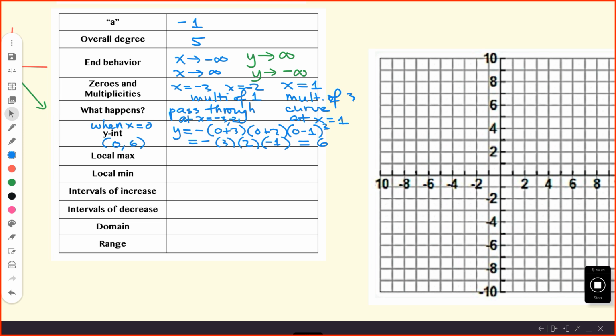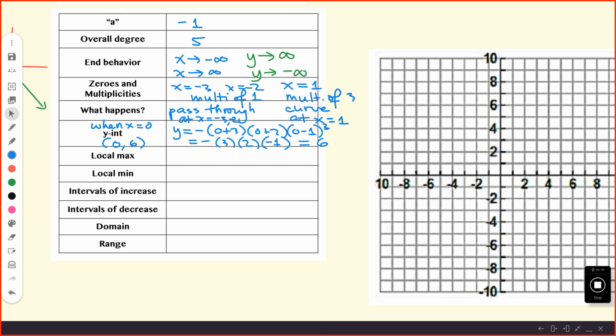We just get negative 1 because negative 1 to the power of 3 is negative 1. So make sure you consider the exponent, because you're simplifying this. Also, if you have a leading coefficient in front, you're going to use that when you multiply or simplify to find the y-intercept.